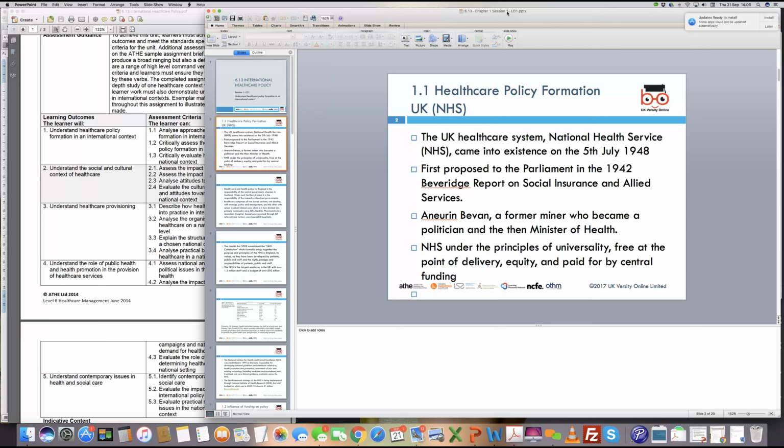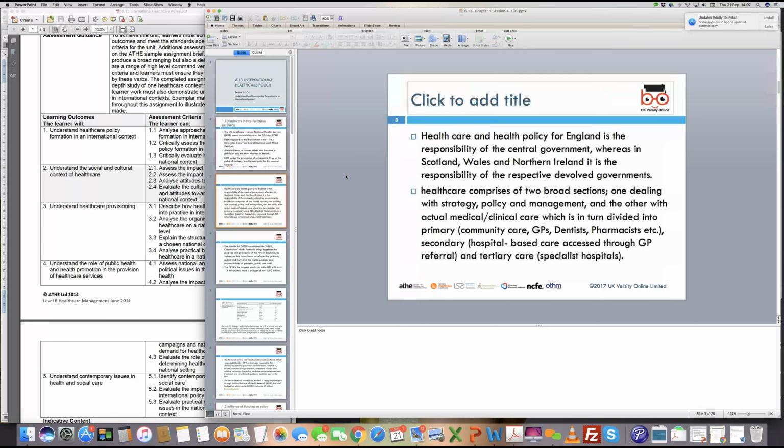But in general, it is an inclusive system which provides free health services to each and every individual in the UK, which is a British citizen, and these services are offered absolutely free of cost under this particular system, which was set up in the early 1948. Now, it comprises 2 broad sections.